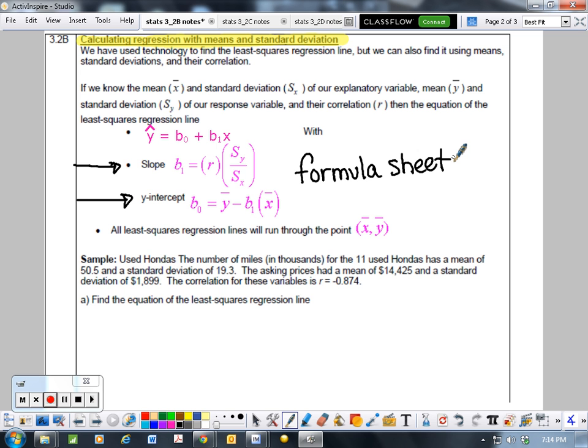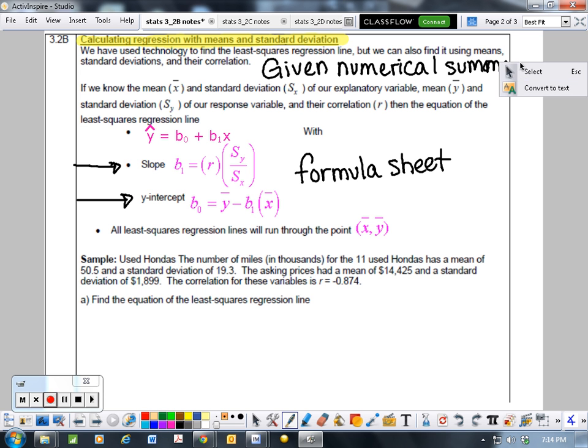Again, this is when we're given numerical summaries. Those little print-offs that they give you tell you n, which is the number of data points, our standard deviation, our mean, our median, our lowest, our first quartile. So the entire numerical summary, that information we can use.